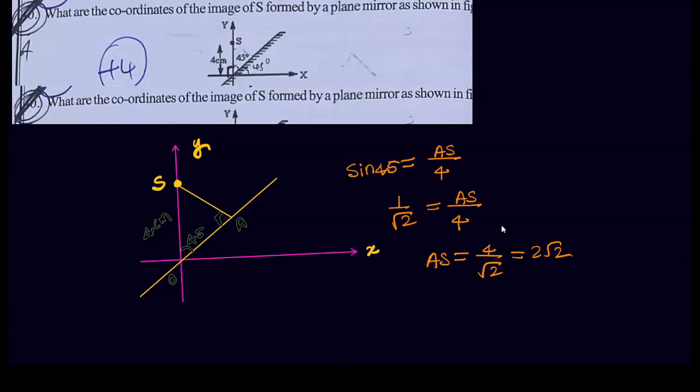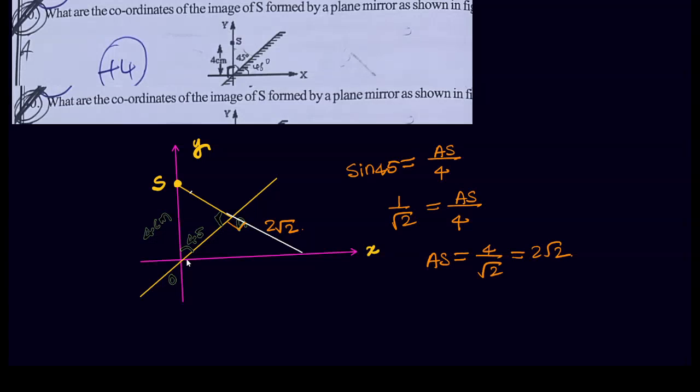So from here, this distance is 2 root 2. And here this angle is 90 degrees, and this length is 2 root 2.